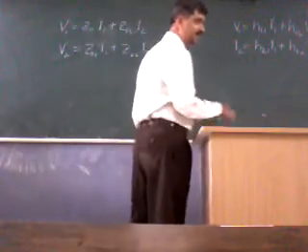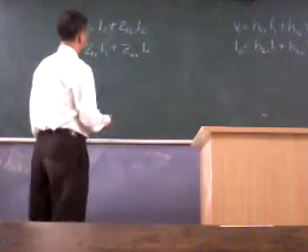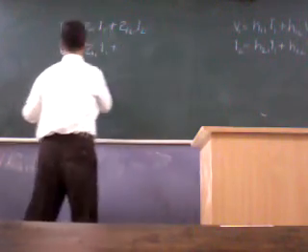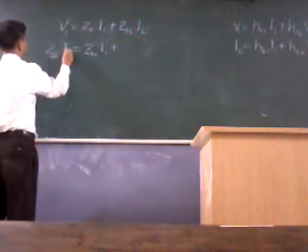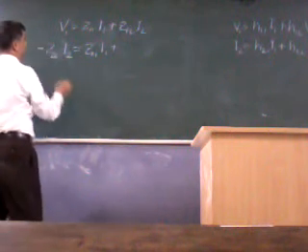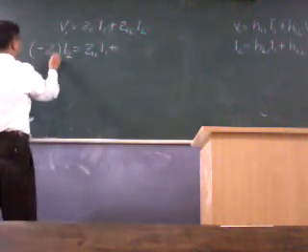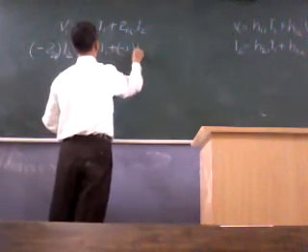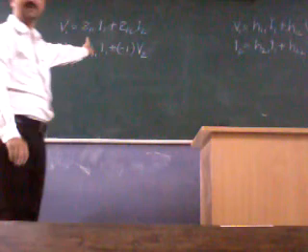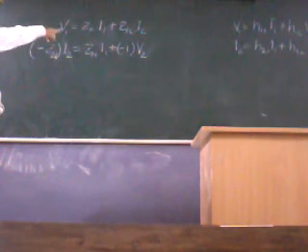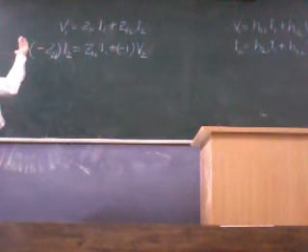So I just write the simple manipulated equation. I will take this on the other side. Is it correct? The second equation, which was V2 is equal to Z11 I1 plus Z12 I2, I am just taking that on this side and V2 on the other side.